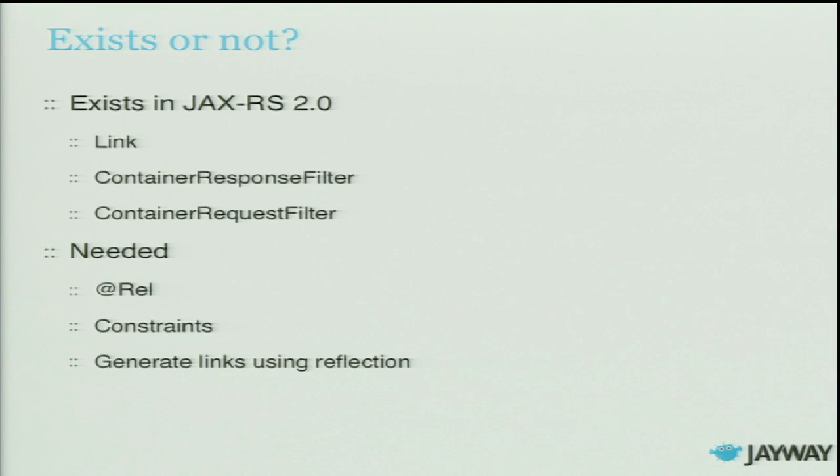The things that are needed, either as a future part of the standard or as a separate framework, are the rel annotation, the constraints, and the possibility to generate links using reflection. So we get these sensible defaults that I was talking about.